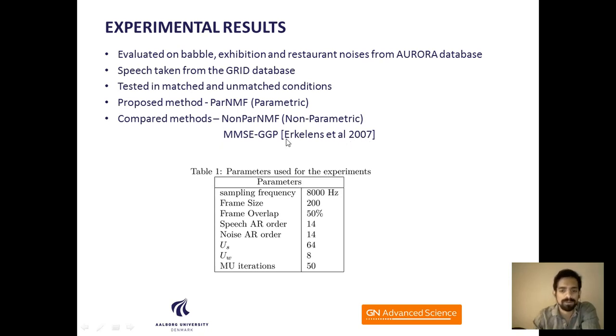So in this evaluation here we have done the experiments for both the cases, and these are the experimental parameters. The AR orders for the speech and noise are taken to be 14, and we have 64 entries in the spectral basis matrix corresponding to speech and 8 entries corresponding to the noise.